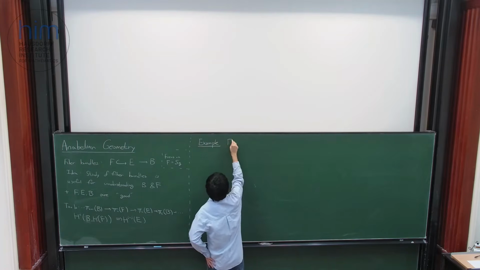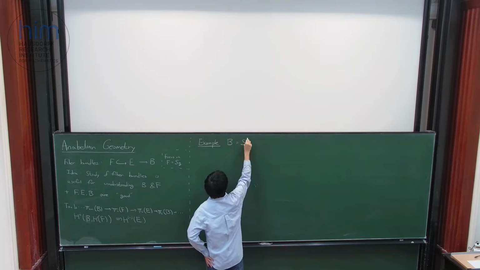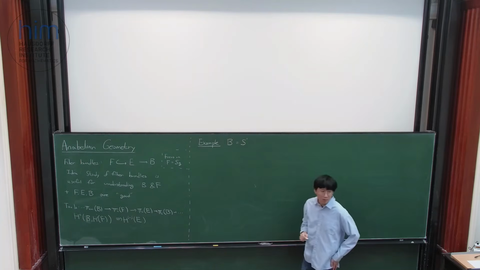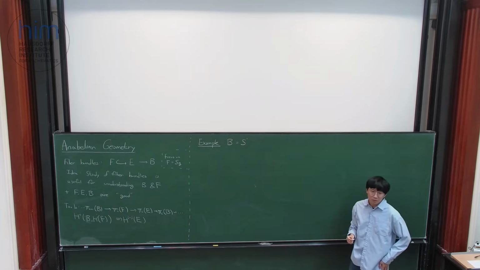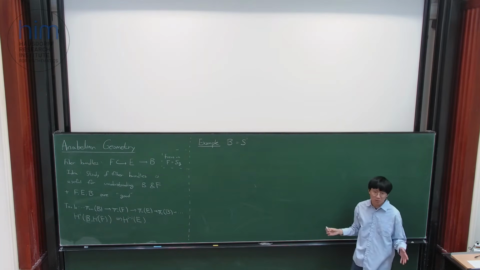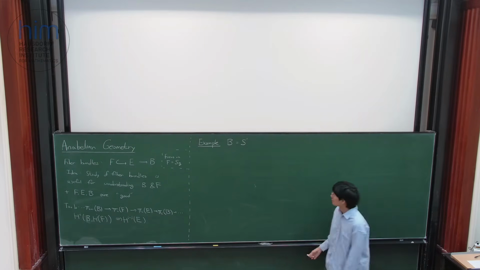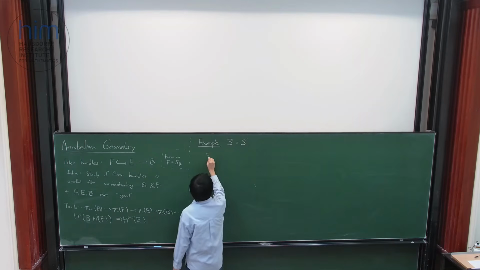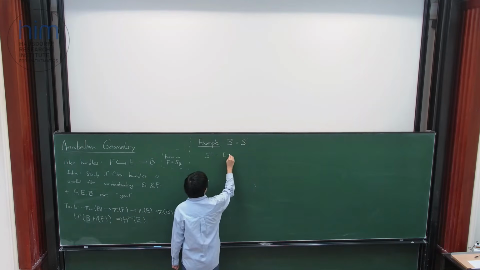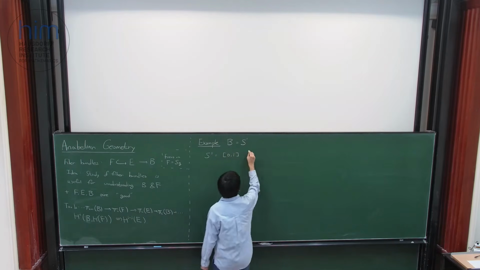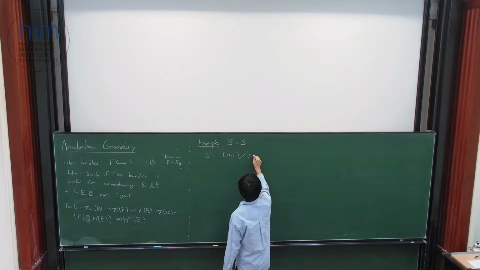This example is when B is equal to S^1, just a circle. So how can you construct a bundle over a circle? There could be several ways, but one of the easiest is that the circle is nothing but a closed interval quotiented out by the relation that 0 is equal to 1.